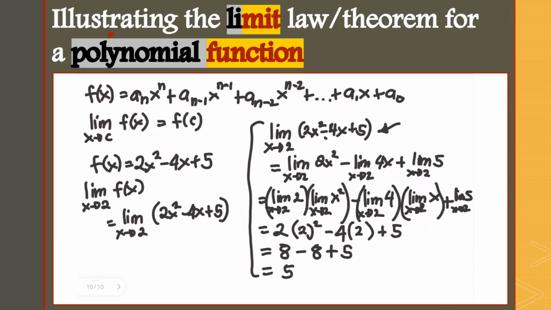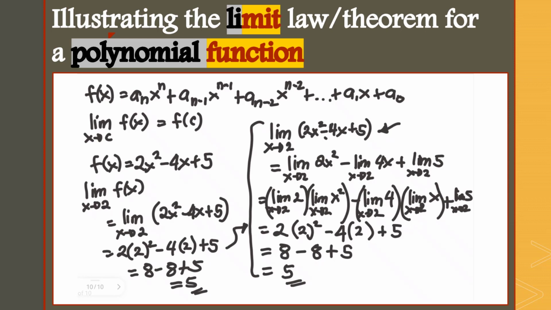But this limit theorem for polynomial function allows us, going back here, to immediately substitute. So you have 2 squared minus 4 times 2 plus 5, which is similar to this. It's a little bit shorter because of this limit theorem for polynomial function, which will give us 8 minus 8 plus 5, the same result of 5.